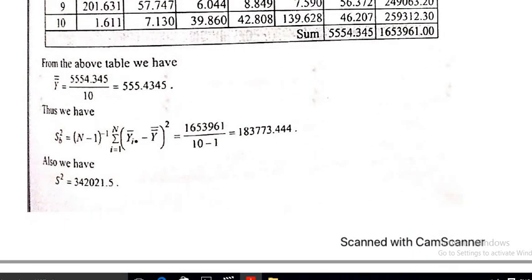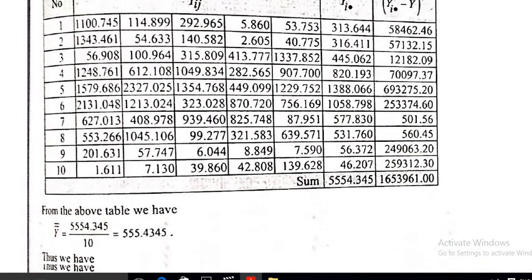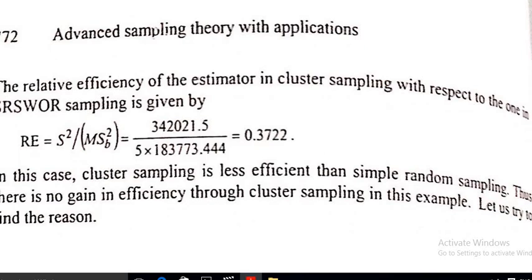And also we have S square, the simple variance of these observations. Now the relative efficiency S square divided by M into S square B is equal to 0.3722. In this case, the cluster sampling is less efficient than simple random sampling. Thus, there is no gain in efficiency through cluster sampling in this example.